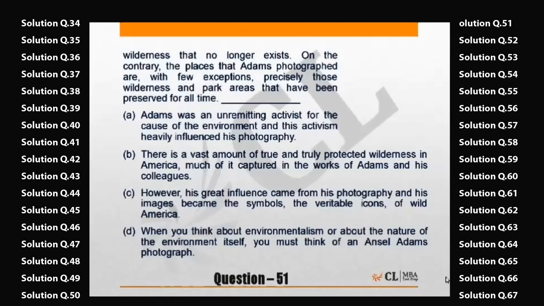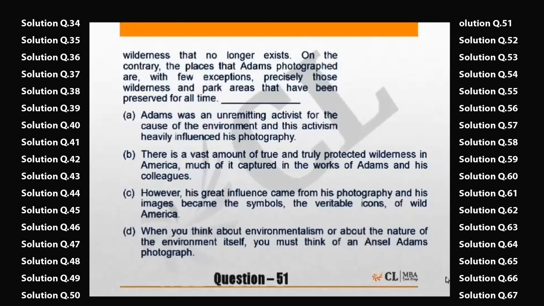Now, option A, which reads, "Adams was an unremitting activist for the cause of the environment and this activism heavily influenced his photography," contradicts that Adams never made a creative photograph for environmental purposes, and hence it does not fit with the given paragraph. Option B fits the theme of the text, which talks of the wilderness in America, which Adams photographed.